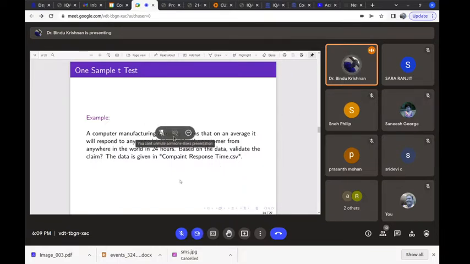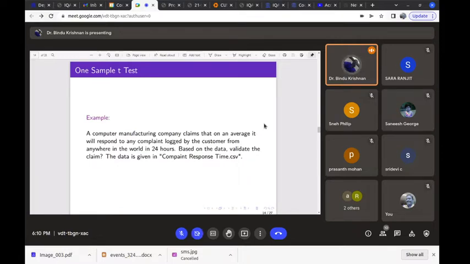T-test is usually used if the sample size is small, say less than 30, less than or equal to 30. For 30 samples, you can approach either t-test or normal test. So t-test can be applied only if the sample size is small. In statistics, usually we say small sample means less than 30.